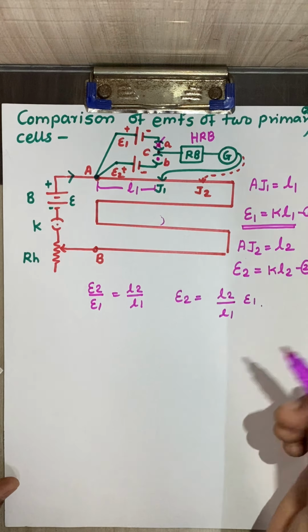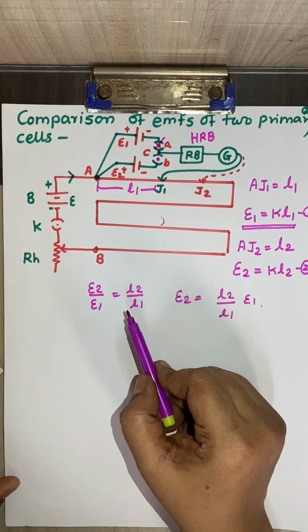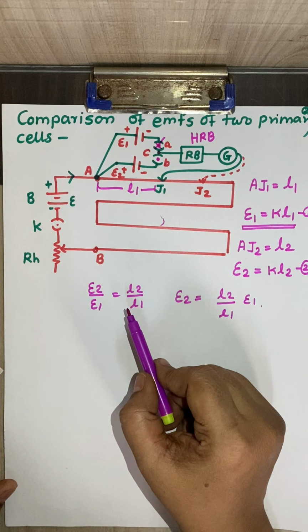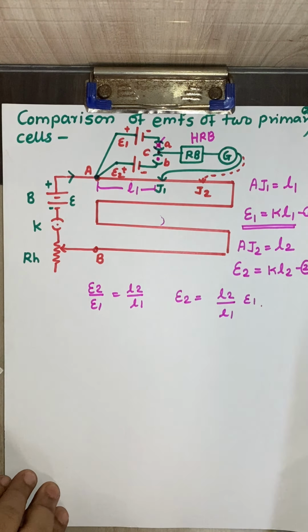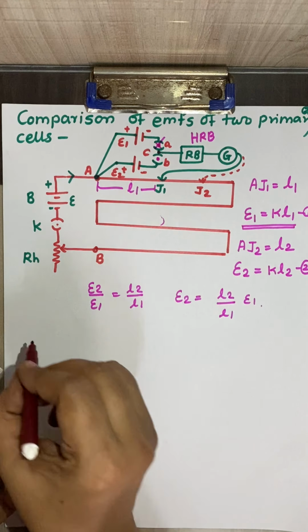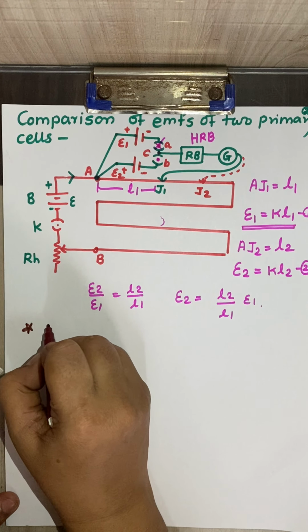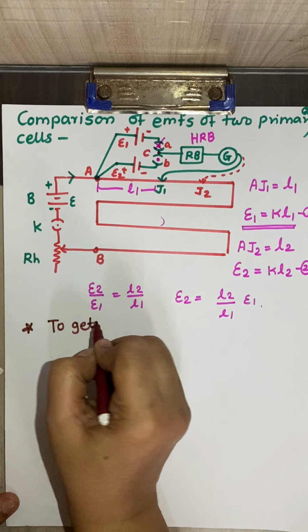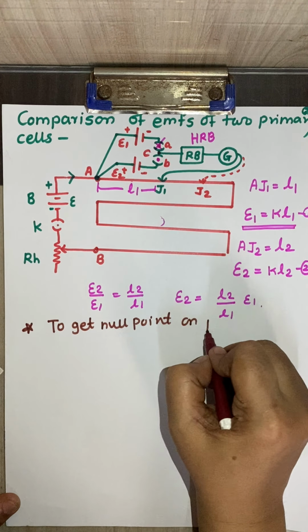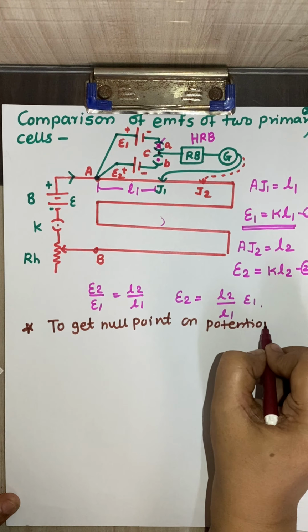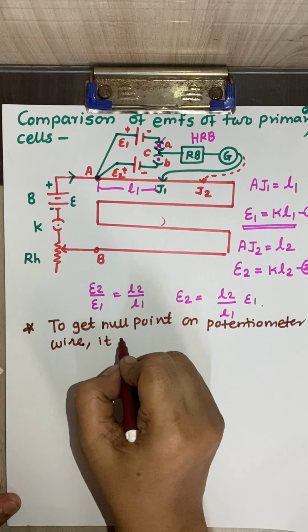Now the important thing is that in order to get the null point on the potentiometer wire, it is necessary that the EMF of the auxiliary battery, also called the driver cell, which drives the circuit, must be greater than both E1 and E2, whose EMFs we want to compare. This is a very important point.